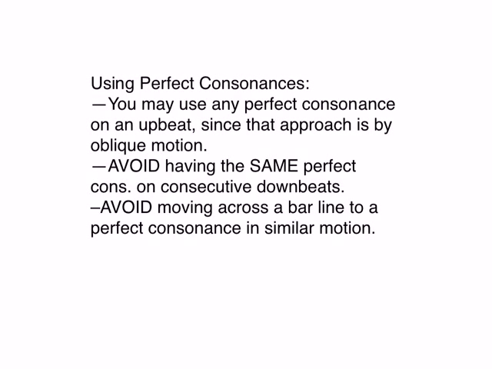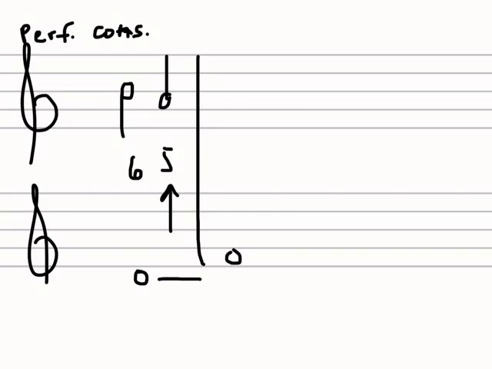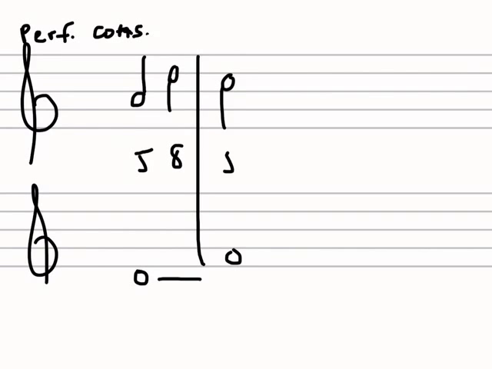That's fine. Here's what we avoid. We avoid having the same perfect consonants on consecutive downbeats. So going back to this example, we want to avoid this, where we've got a fifth, and then another fifth from downbeat to downbeat.